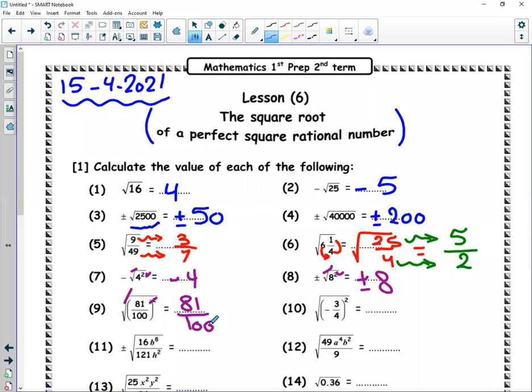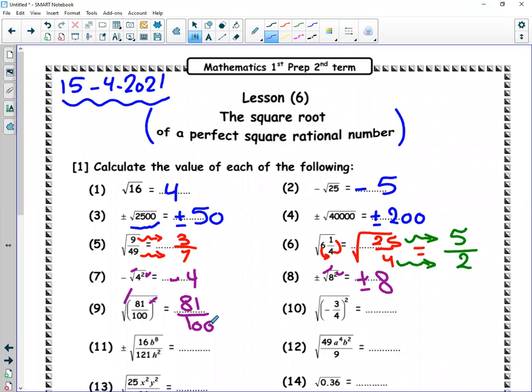Number 10. Who can answer number 10? Negative 3 over 4 power 2 under the square root. Who can answer number 10? Me, Mr. Bilal. Again, please.